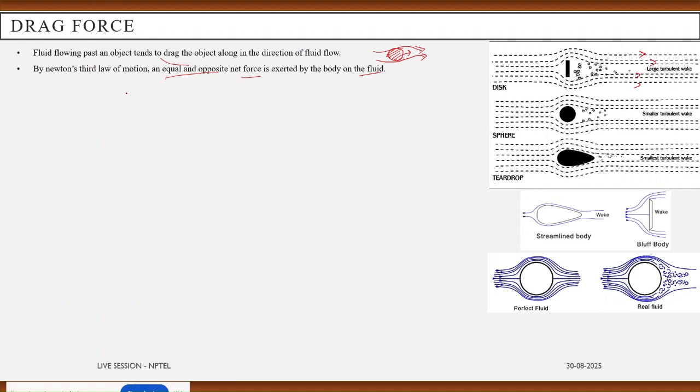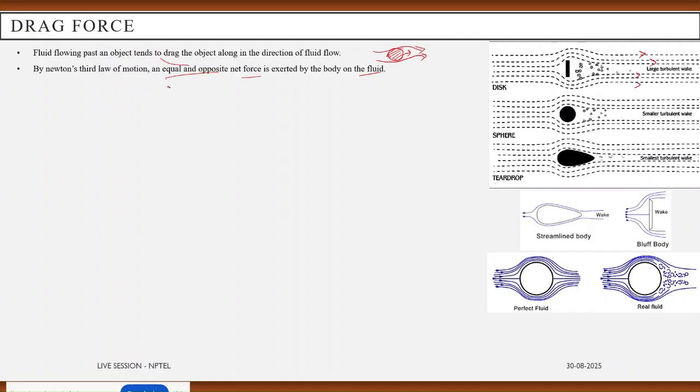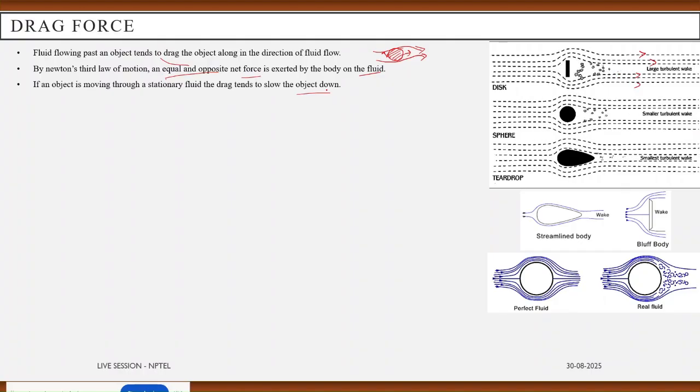So by Newton's third law of motion, an equal and opposite net force will be exerted by the body on the liquid. If an object is moving through a stationary fluid, the drag tends to slow down the object's movement. But if the object is stationary and fluid is flowing over the object, then the drag tends to move the object in the direction of the flow.